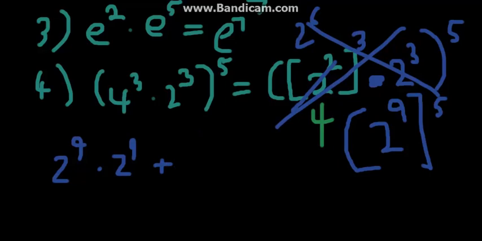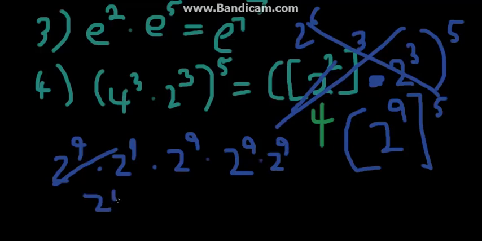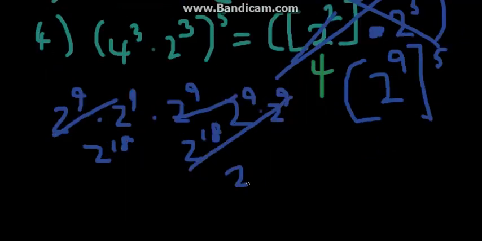I probably shouldn't actually do that and make it confusing. So we'll just write it out like this. This is 2 to the 18, 2 to the 18, 2 to the 9, this is 2 to the 27, and that's 45. So 2 to the 45.